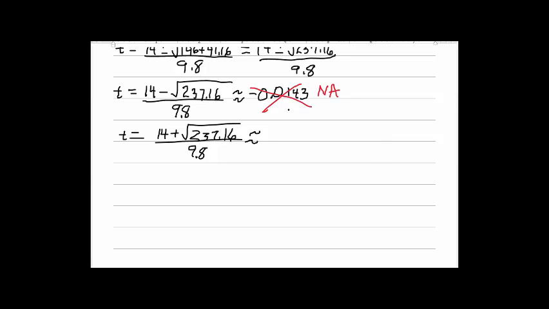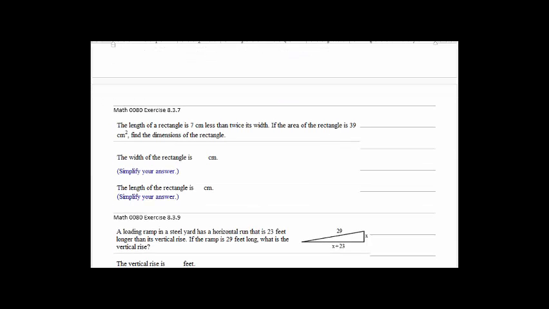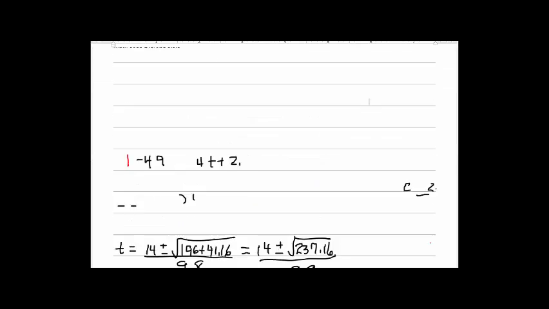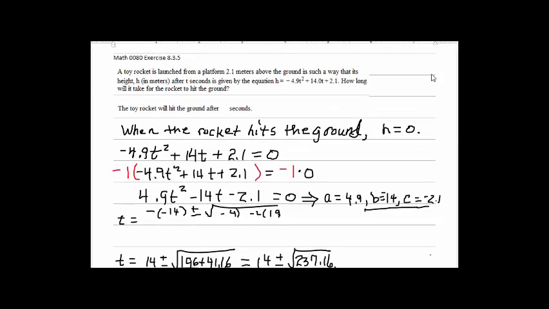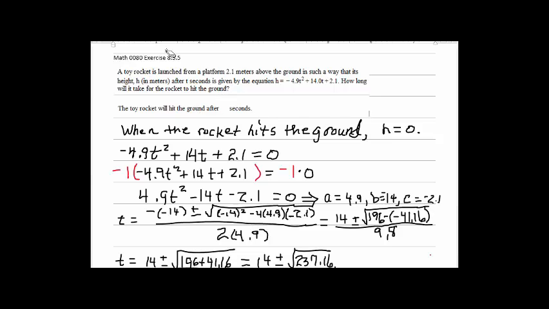And this works out to give us not an approximation this time, but an exact value of 3. So we actually have the sentence already set up for us. The toy rocket will hit the ground after 3 seconds. So that's our final answer on that one.